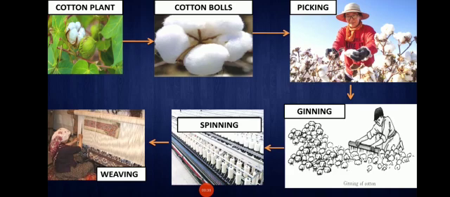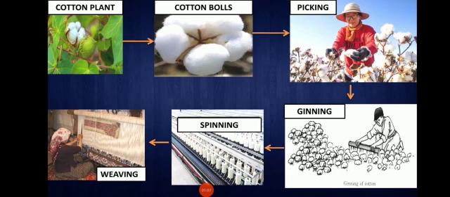With the help of machines, the cotton fibers are separated from the seeds quickly and easily. The fibers are then cleaned by machines to remove impurities like leaves, twigs, etc. Once the cotton fiber is cleaned, it is spun into yarn.